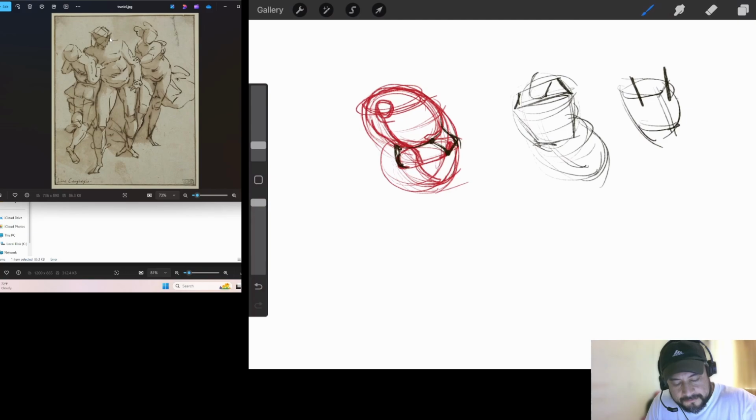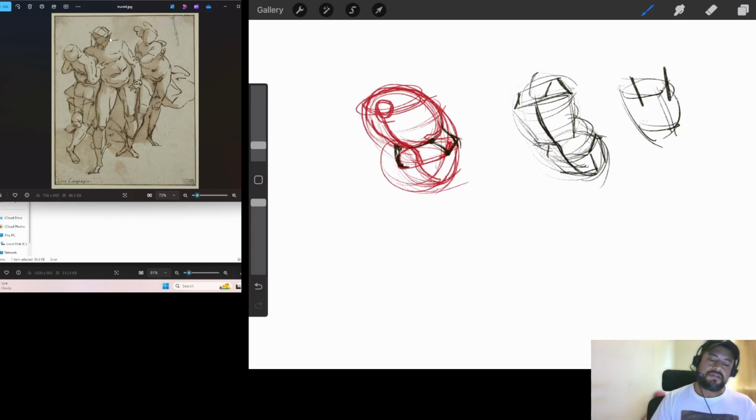Now the pelvis as a boxy shape. So if I went down the front, this would be the center line of the front.